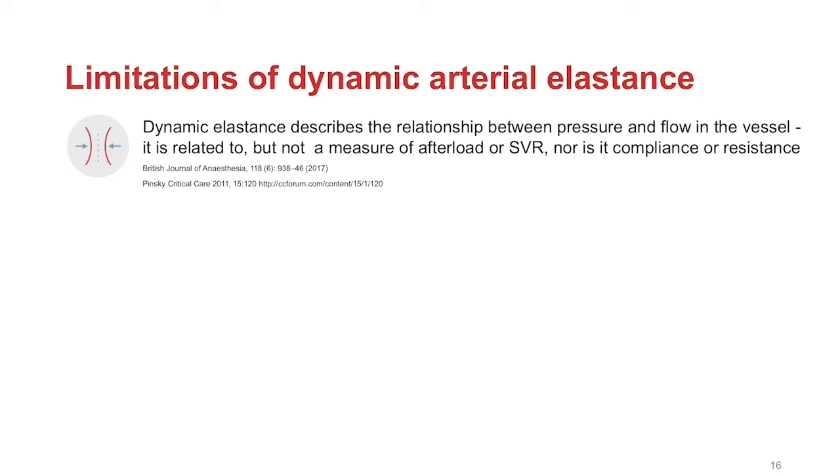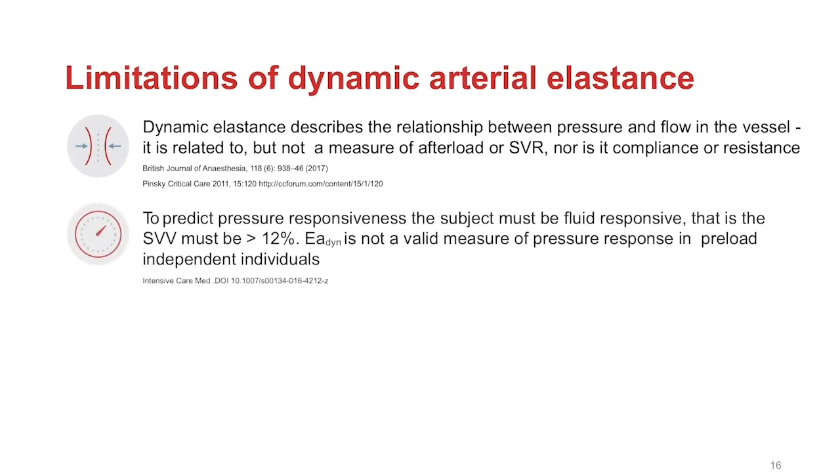It should not be used to target a specific afterload. Secondly, to predict pressure response using EA-dyne, the subject must be fluid responsive, that is, SVV is greater than 12%. EA-dyne is not a valid measure of pressure response in preload independent individuals. In addition, work on pressure responsiveness is in its early stages, and there are limited clinical trials at present.